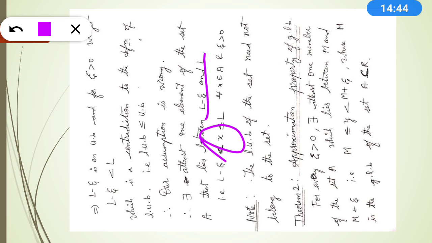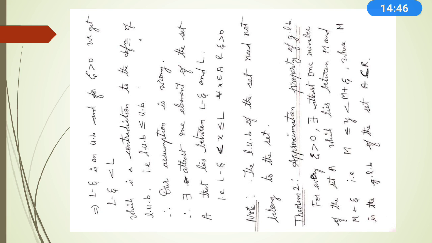Okay. So, we have a note: the least upper bound of the set need not belong to the set. Sometimes the least upper bound need not belong to the set. For example, if we have the set of negative integers, my least upper bound is what? The least upper bound will be -1, isn't it?